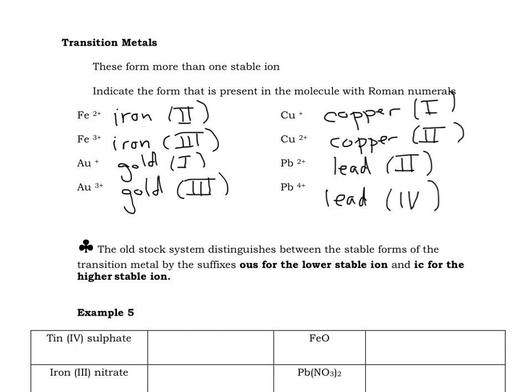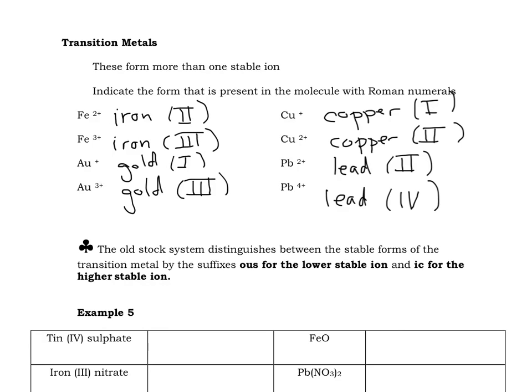All right, so in our transition metals, so the metals that are listed in the middle of our periodic table, they have multiple forms that are stable. So a transition metal can have multiple charges. Not all of them do, which sometimes makes it tricky to identify what the charges are, but many of them do have multiple charges.